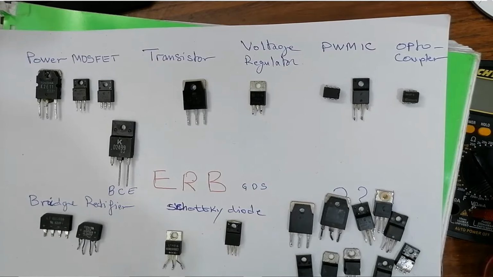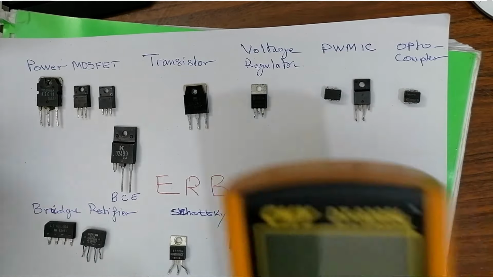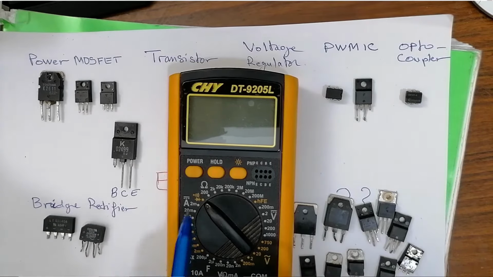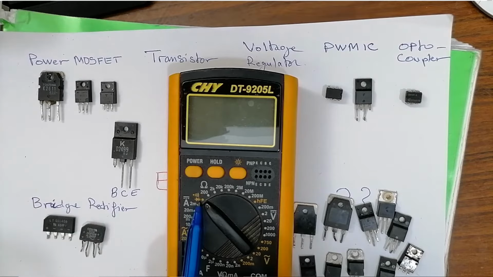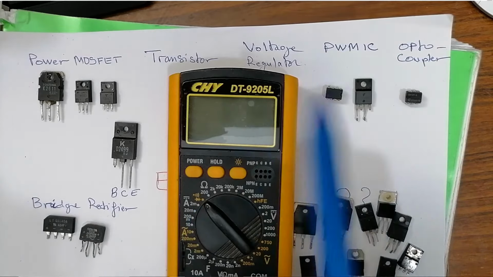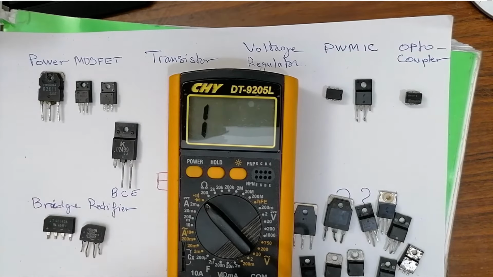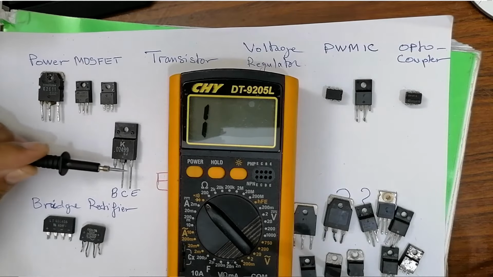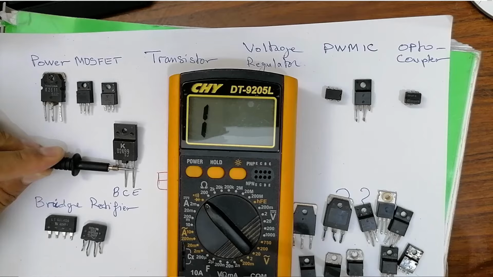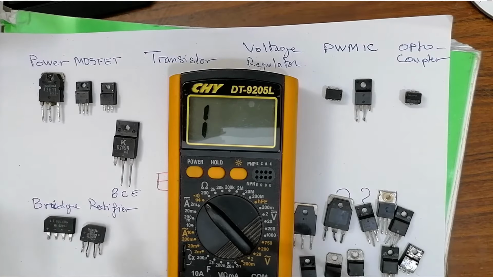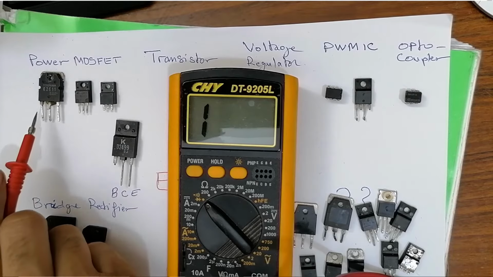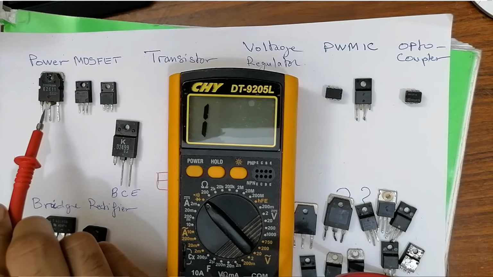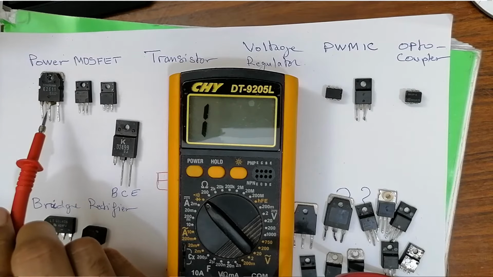Now let's use our multimeter, and using the same working principle we're going to select the diode option, because the transistor contains diodes inside it, and press the power button. Here we have base. Let's discharge this transistor, because when you touch the base or the gate with the red probe, you will get a wrong measurement.